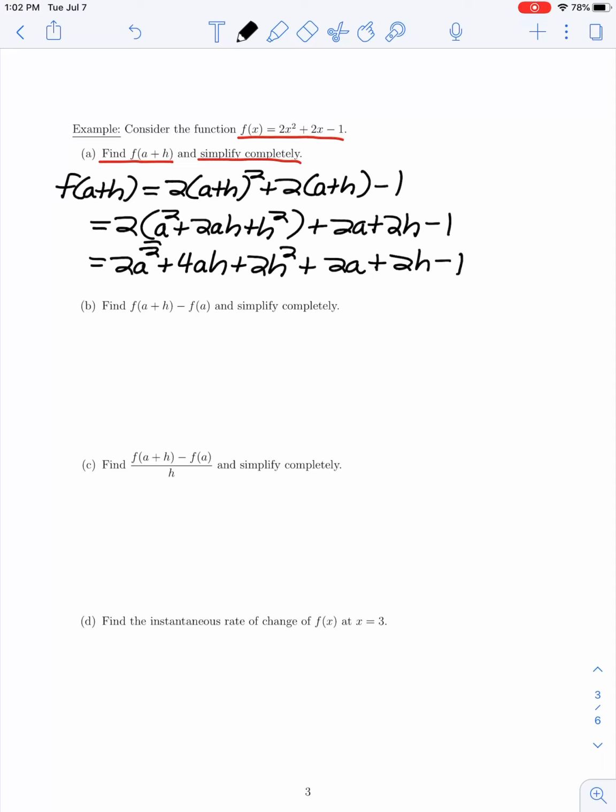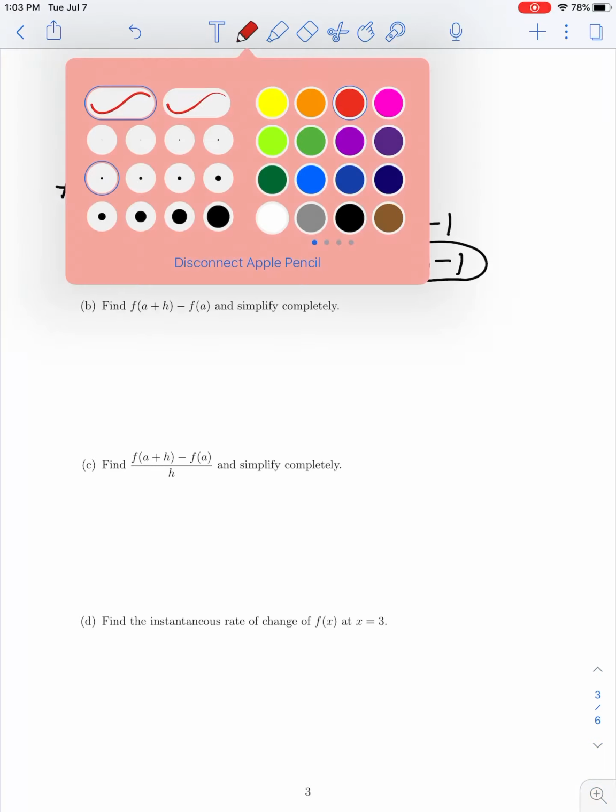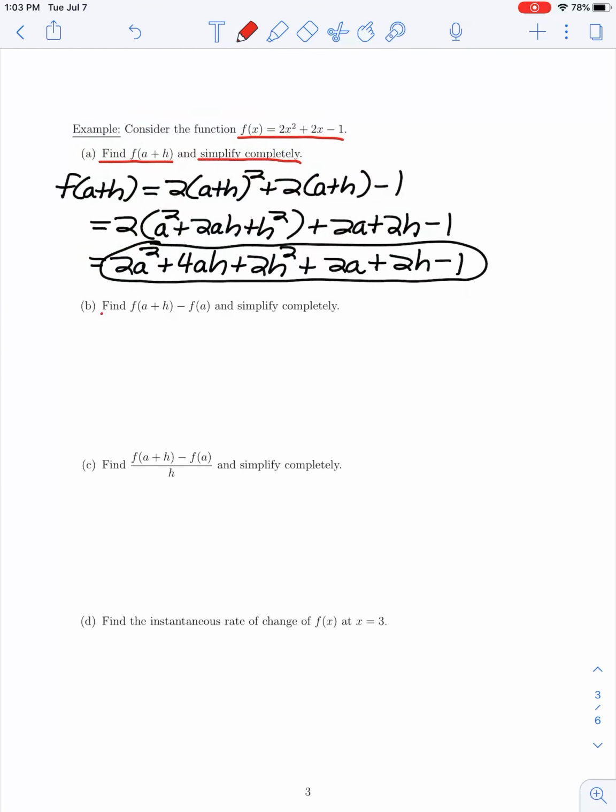So in part A, we found f of a plus h in simplified form is the following. Now in part B, we are asked to find f of a plus h minus f of a and simplify completely.